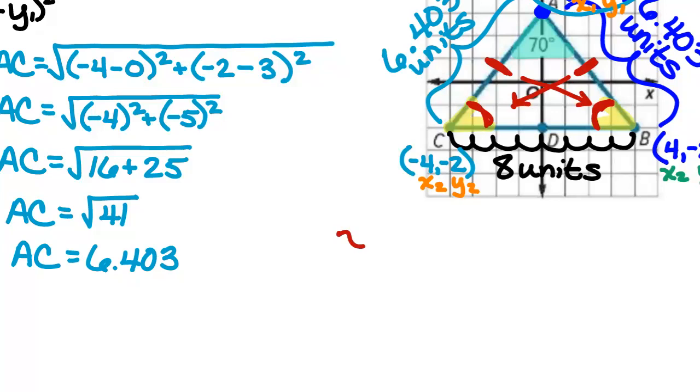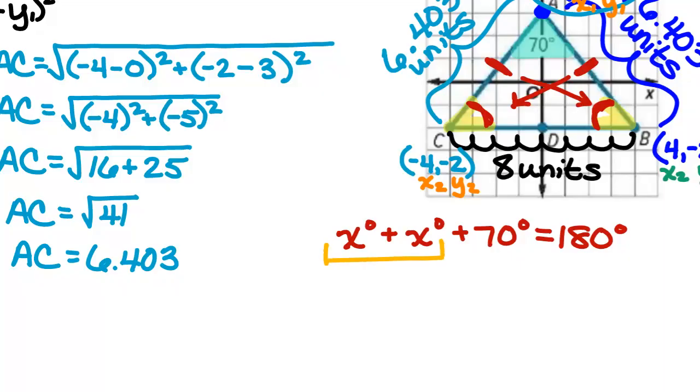X and X. So I would have X degrees plus X degrees plus the 70-degree angle up at angle A equals 180 degrees. Combine my like terms, so I have 2x degrees plus 70 degrees equals 180 degrees.